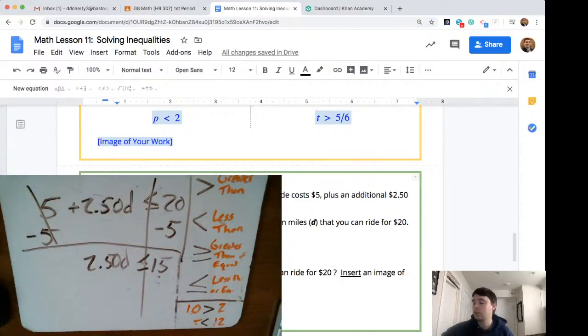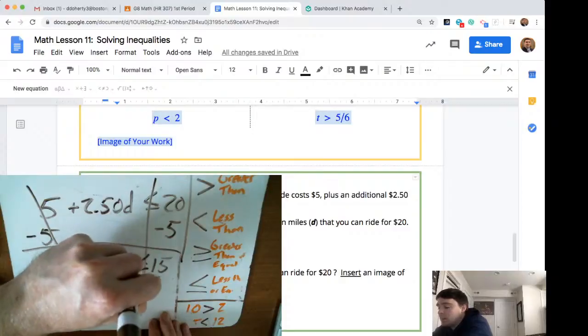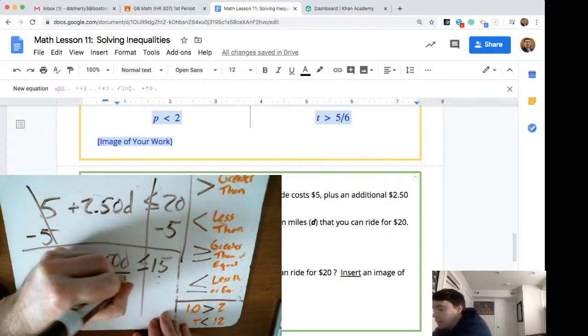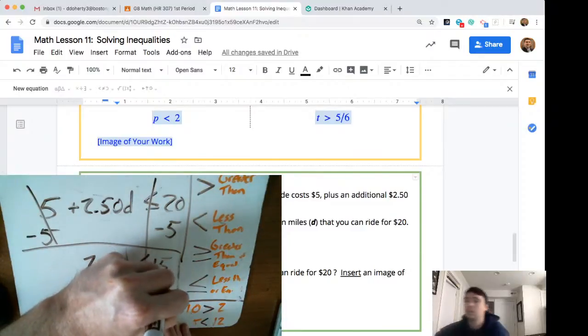Now $2.50 multiplied with D needs to be less than or equal to 15. So I want to get rid of that 2.5, the coefficient. I'm going to divide both sides by 2.5.